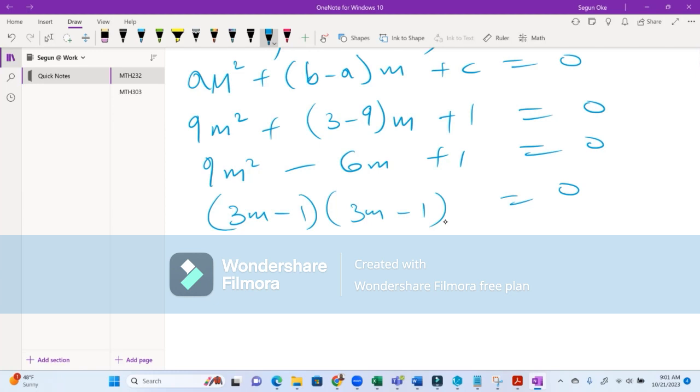Do we have the same thing? It's now minus 3. Let's multiply this one. 3m multiplied by 3m will be 9m squared. 3m multiplied by minus 1 is minus 3m, and minus 1 times 3m is minus 3m. Minus 1 times minus 1 is positive 1.